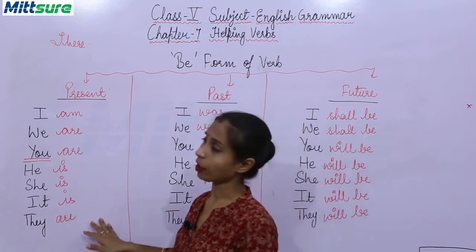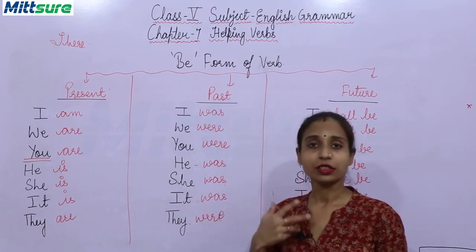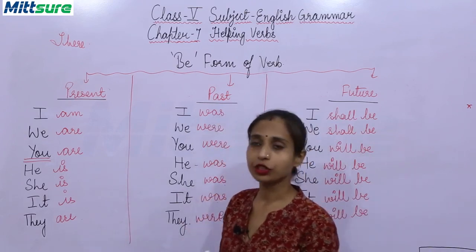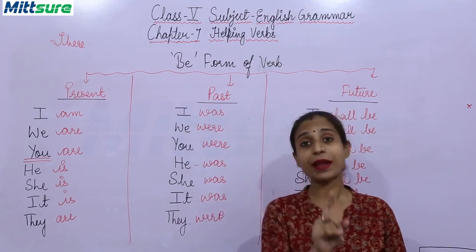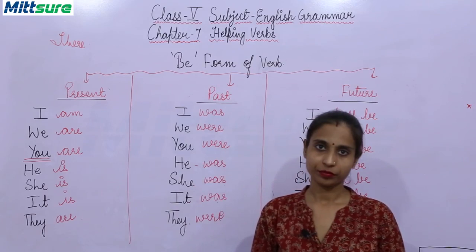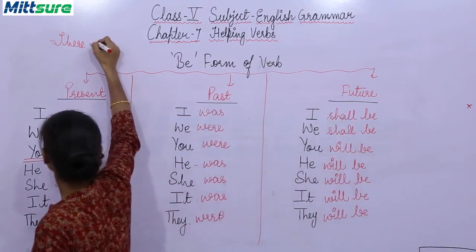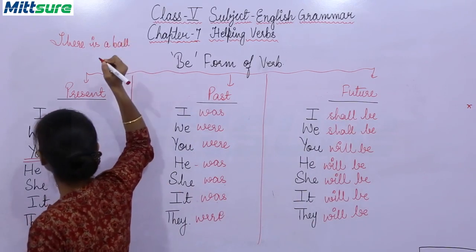But what about present tense or past tense? Are we going to use singular be form of verb, or plural be form of verb? It depends on the noun in the statement. For example, there is a ball.